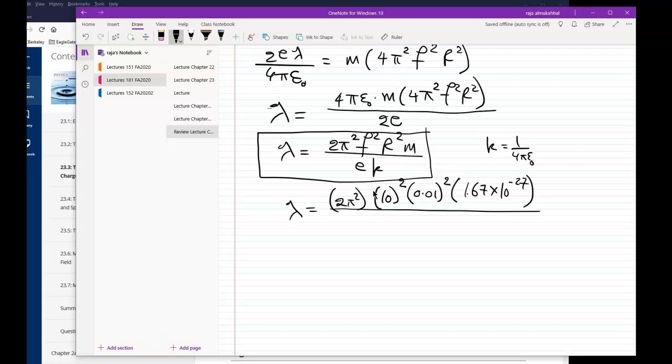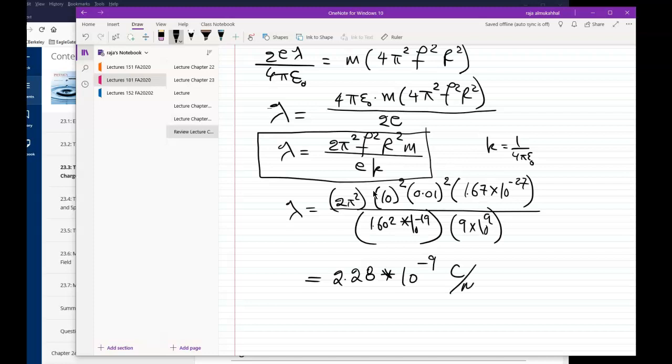Please memorize it, especially if you specialize in electrical engineering: 1.602 times 10 to the negative 19, multiplied by k, 9 times 10 to the 9, and then you calculate all of that. The answer that I got is 2.28. Check my work, please. 2.28 times 10 to the negative 9 coulomb per meter. All right, and there we go.